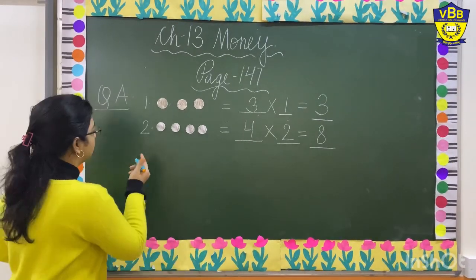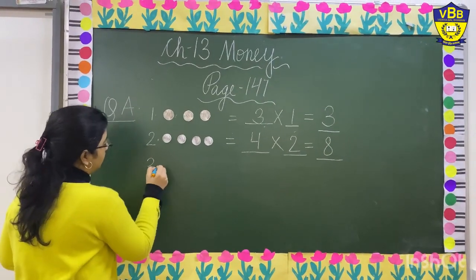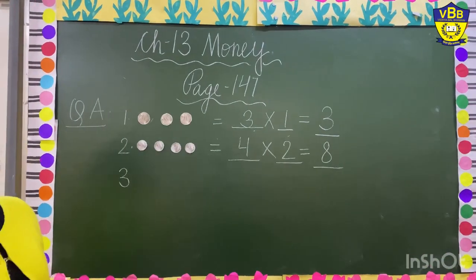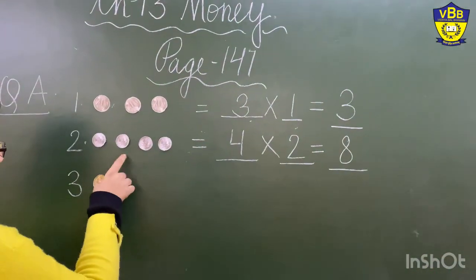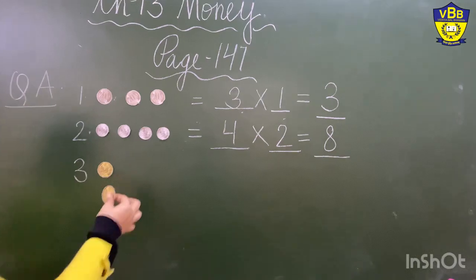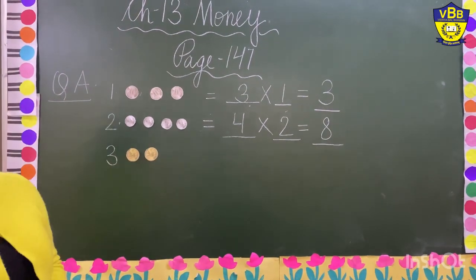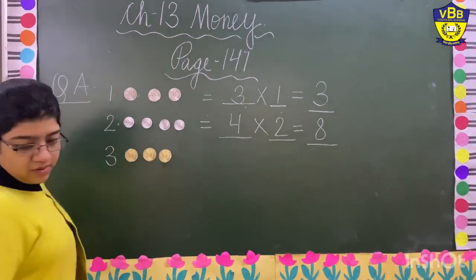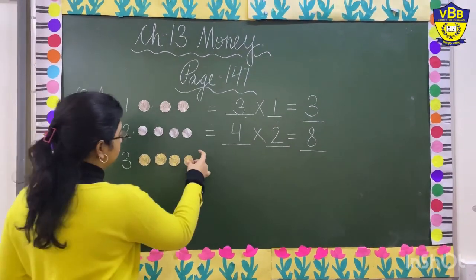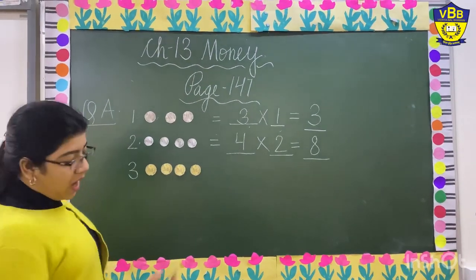Now move to the third part. Now we have the coins of rupees 5. How many coins are there? Count it fast.